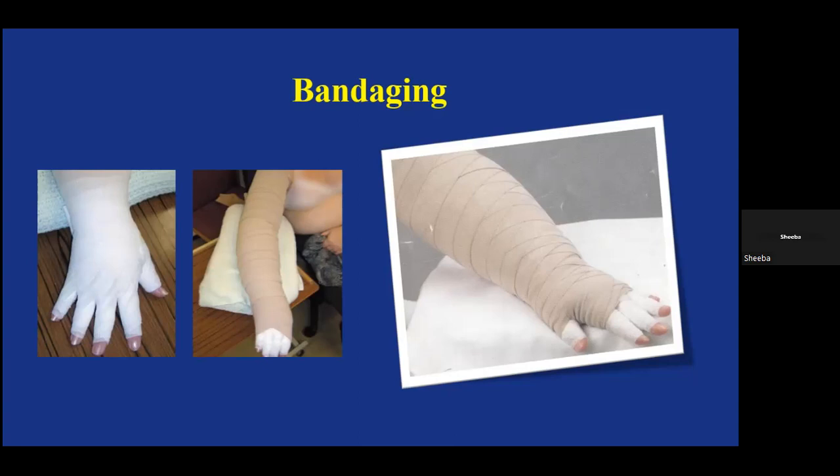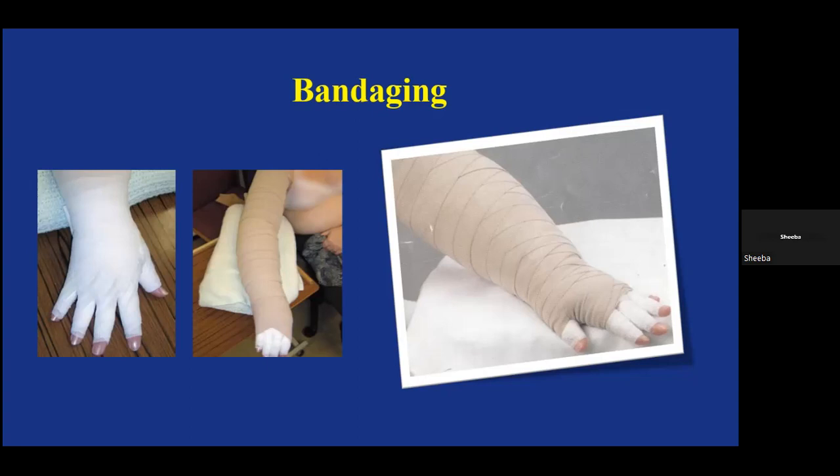When they come for follow-up, you can reassess whether they are able to tolerate the spiral bandage or not. If they are able to tolerate it, then you can think about the multi-layer bandage, that is the figure of 8. That means you are going to give more pressure on that area. Our aim is to push the fluid from the congested area to the non-congested area.